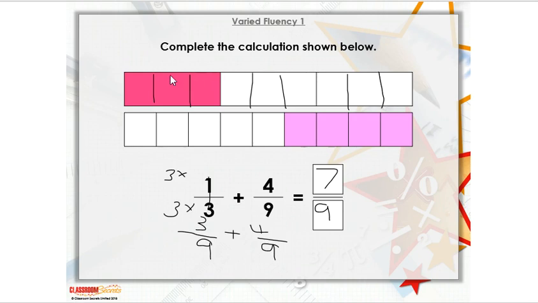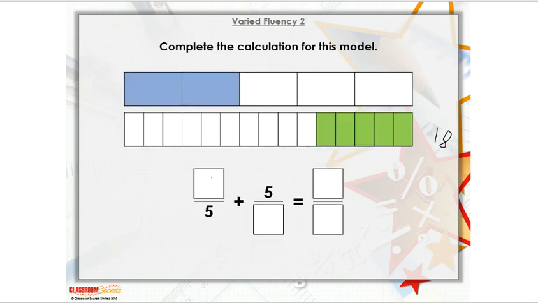So we have now got 1, 2, 3, 3/9, which is what we had converted our 1/3 into, and 4/9, which we didn't change, we had originally. 1, 2, 3, 4, 5, 6, 7, 7/9. We have completed the first question, and that is a model of what some of your questions will be like. Let's have a look at another question.